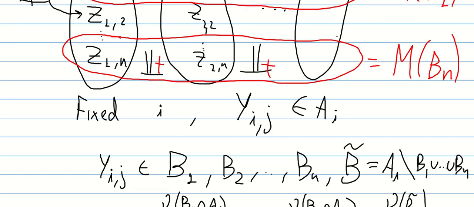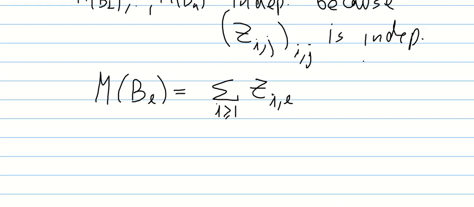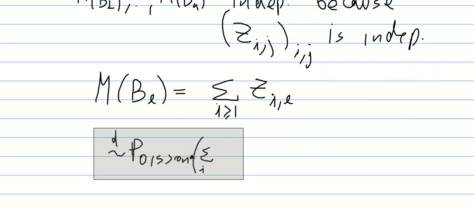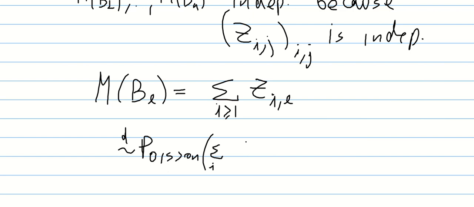Now, why does it have the right distribution? What is the distribution of a sum of Poisson random variables? It's still Poisson. A sum of independent Poisson random variables is still Poisson, and the parameter here is the sum over i of the intensity of Z_il.